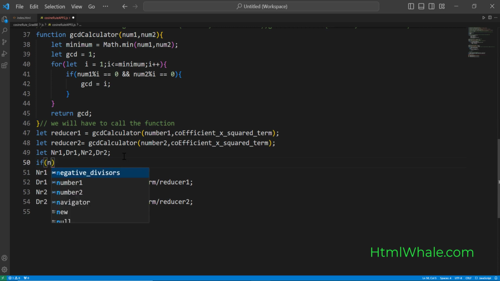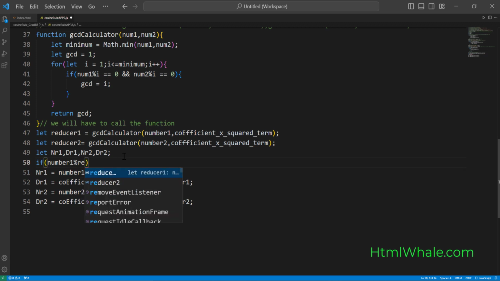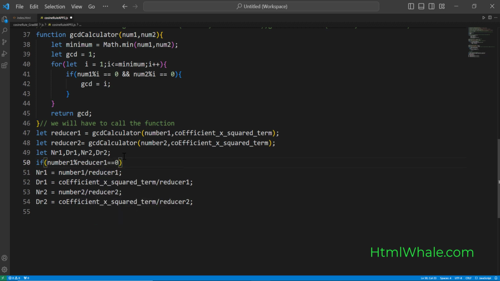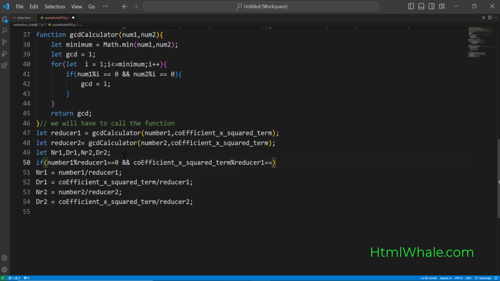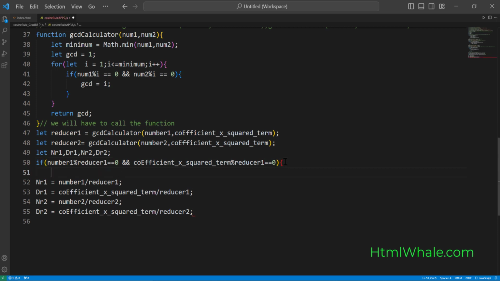If number 1 modular division of the reducer 1 is equal to 0, and see, this is why this condition is important, because if we don't place in this condition, we won't get the required result. This has to be in place. If this condition is true, if the reducer 1 is able to divide number 1 without a remainder, and the reducer 1 is also able to divide the coefficient of x squared without a remainder, then you perform this.